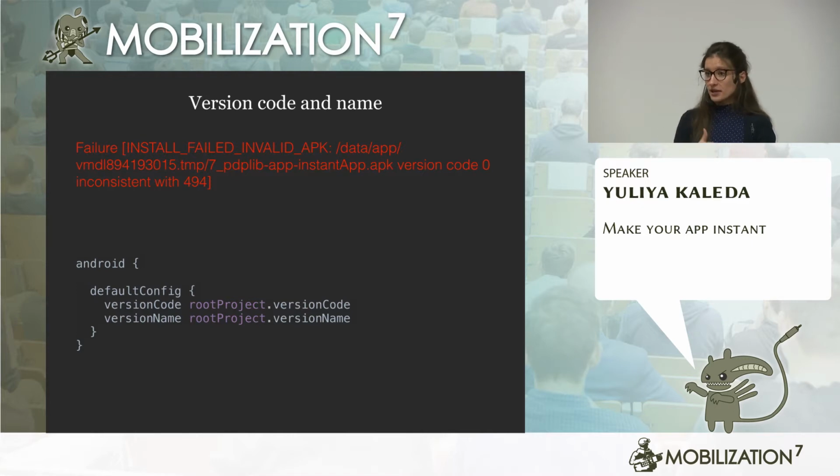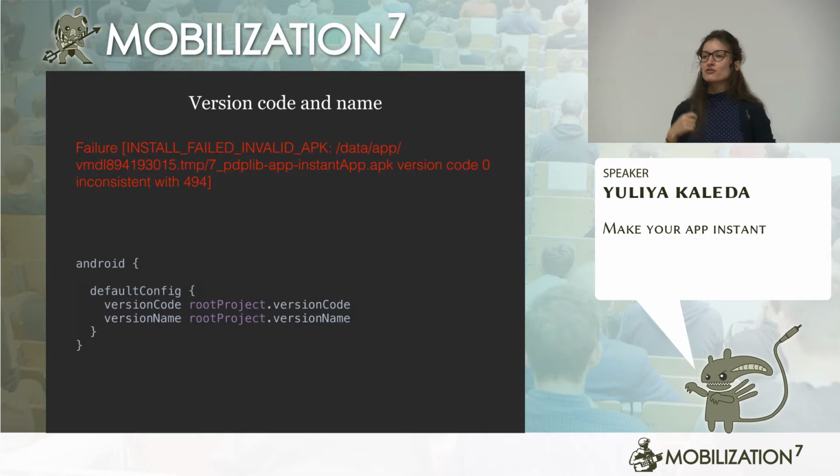In the build.gradle file of the base module, we had a version code specified as 494. So I started to think, where does this 0 come from? Because it makes sense that if the base module is the foundation of the feature modules, the feature modules would pull the version code from the base module. It makes sense, but it's not the way it works.